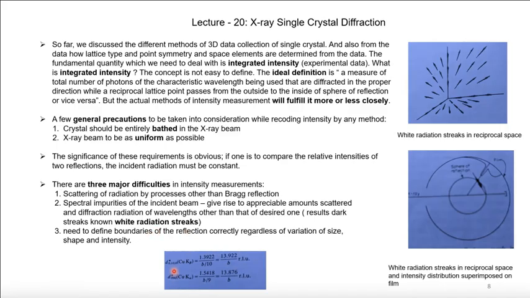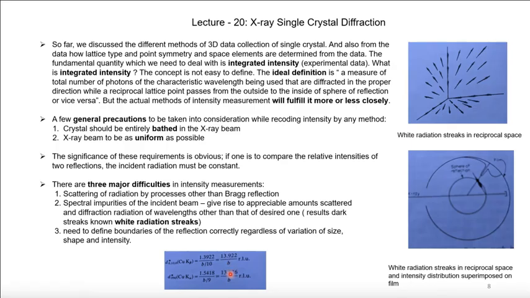If we take, say, a reflection 0, 10, 0, and we use copper K beta radiation, we see that we get 13.9992 by d reciprocal lattice unit. If we take the 090 reflection and our radiation is K alpha, then we see that this is 13.876 by d reciprocal lattice unit.